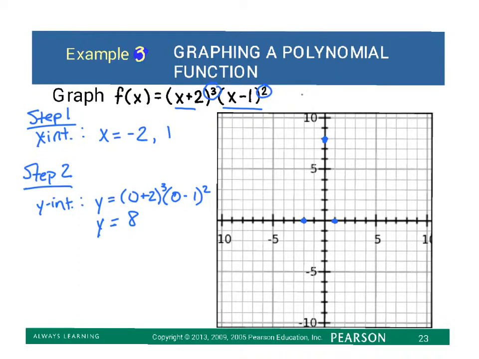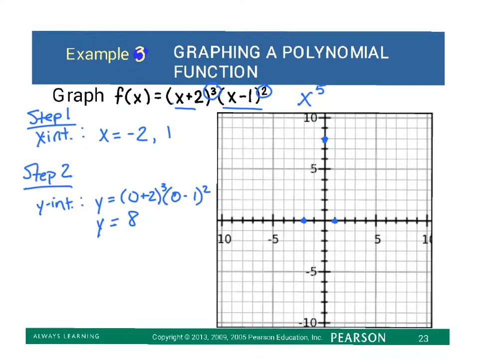So this function is going to act like an x to the 5th, and neither x value here is negative, and there's no negative on the outside of our function, so the end behavior is going to act like a positive x to the 5th. So it is going to begin down here and end up here.